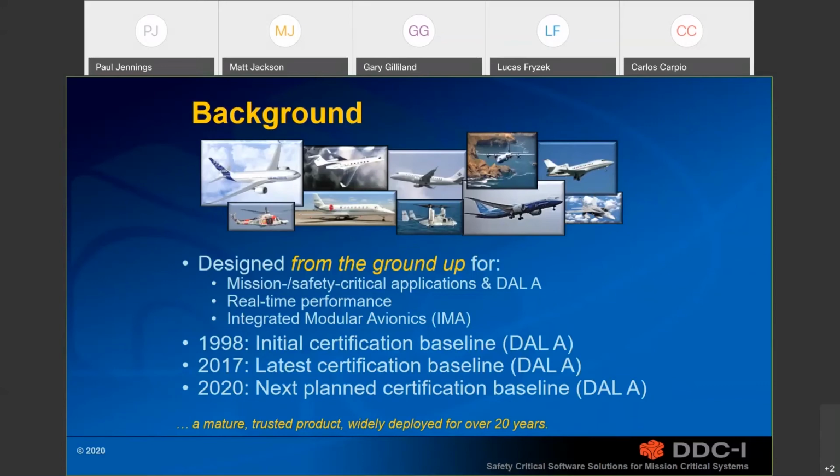The operating system is designed from the ground up to be certifiable and support multiple DAL levels in an integrated modular avionics way. First certified back in '98. Our next planned certification is later this year, and we have more lined up in the current pipeline in a multi-core environment.